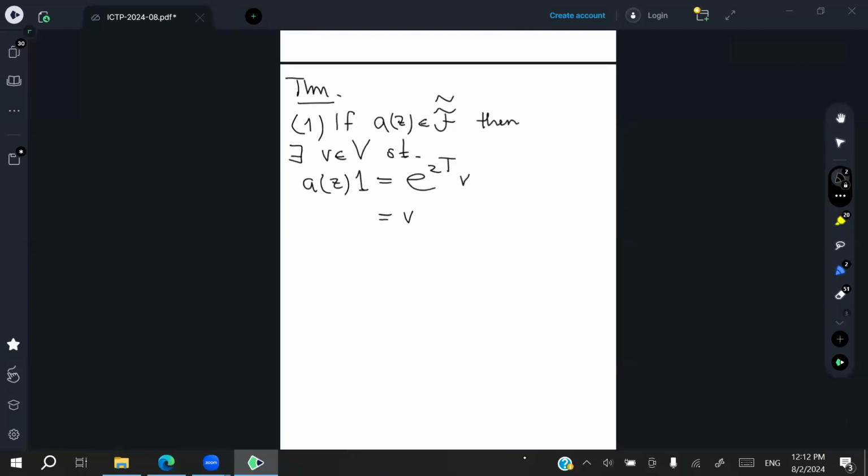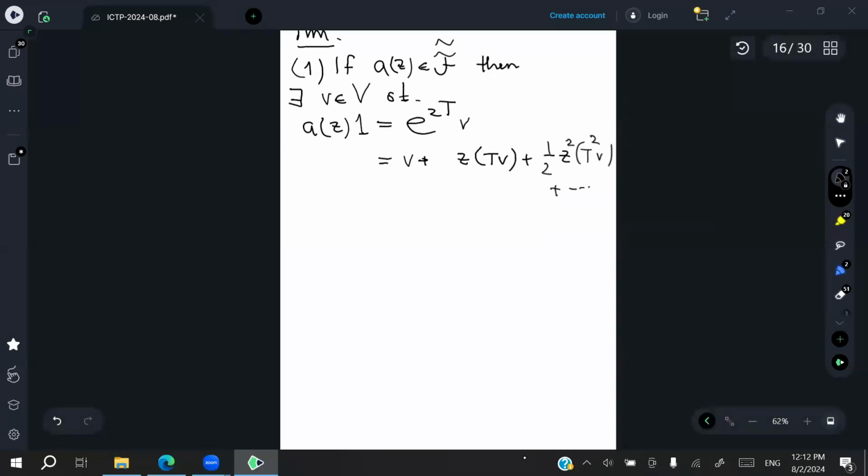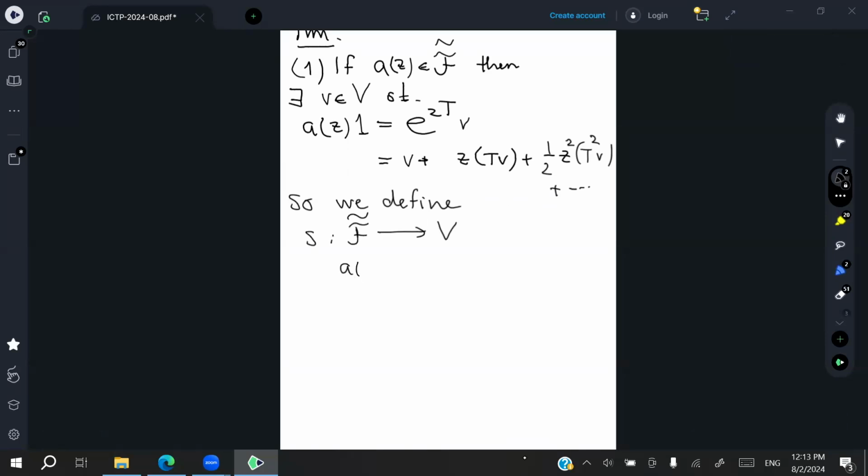So that looks a bit scary, but I just mean the series expansion of this exponential, v plus zTv plus a half z squared T squared v plus so forth. So we define S from this big set F tilde to V, which just sends a field to this element v. So this v is unique also.